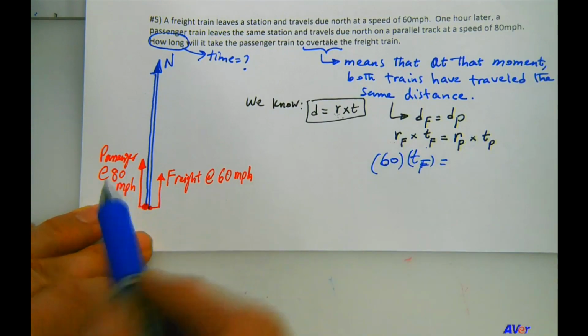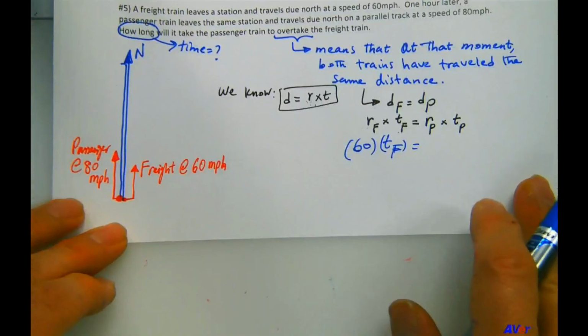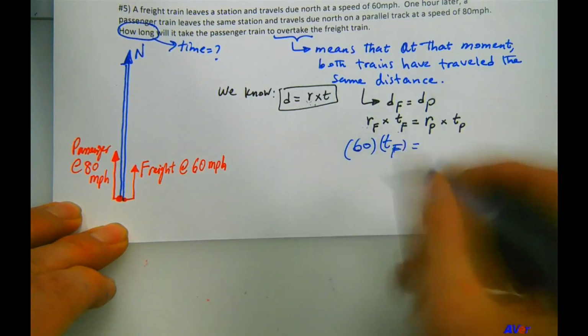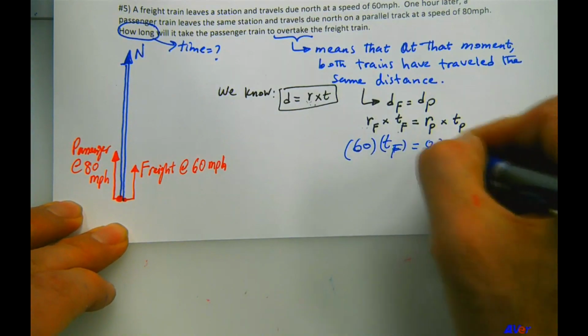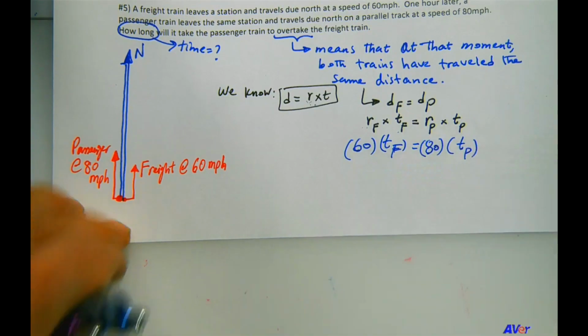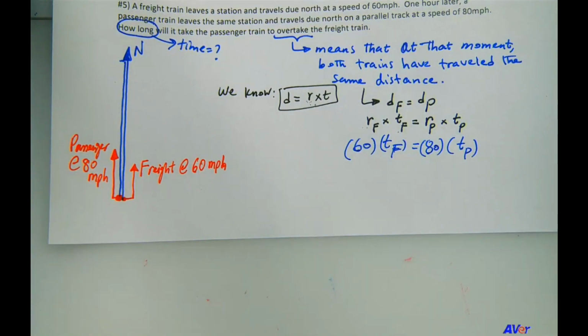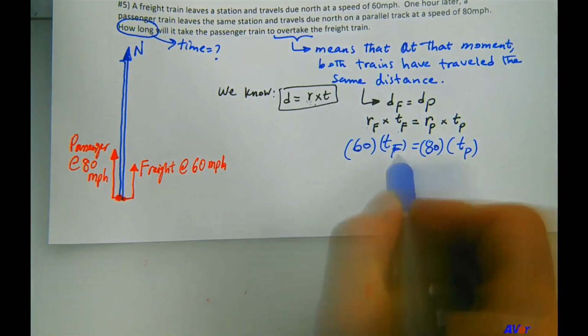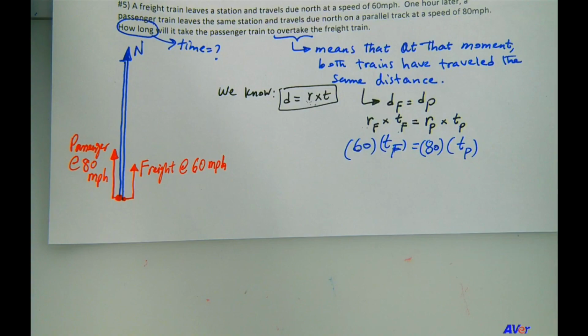We know it was 80 miles an hour, right? So 80 times the time of travel by the passenger train.